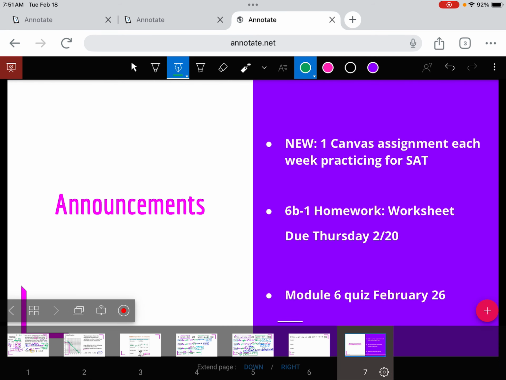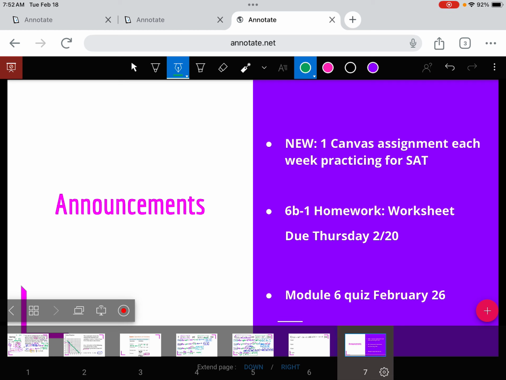I also have a new thing that's been added from higher up. There is going to be a Canvas assignment for us every week between now and the SAT. So every week there's going to be a new Canvas assignment. So we apparently are now doing online homework, and that is on top of homeworks. I'm going to try and give you guys time during class to do it. They're not super long. They are almost entirely multiple choice.